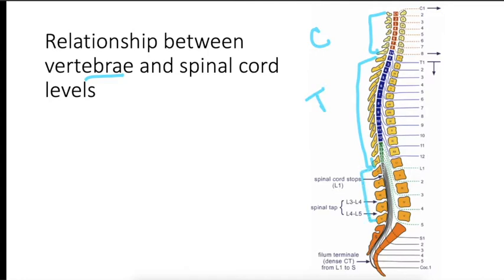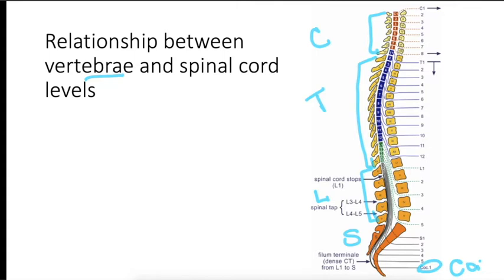And then lumbars in your lower back. And then finally, the sacrum is that kind of triangle-shaped bone of fused vertebrae that's wedged between your pelvic bones. And then you have a couple coccygeal vertebrae, between 2 to 4.